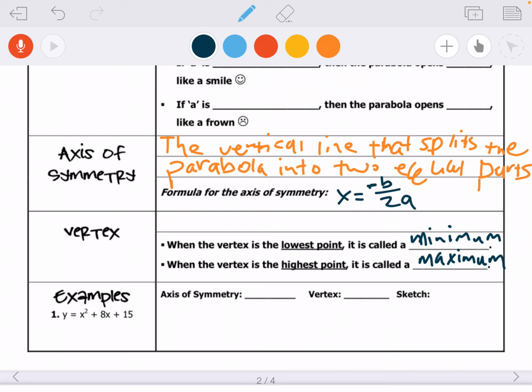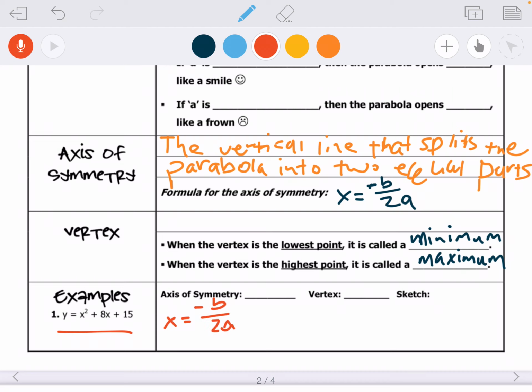So I'm just going to run through a couple of examples real quick. What we're going to focus on today is, given a quadratic, what is the axis of symmetry and what is the vertex? So if we look at this quadratic, our equation for the axis of symmetry was x equals negative b over 2a. Now where do the b and the a come from?